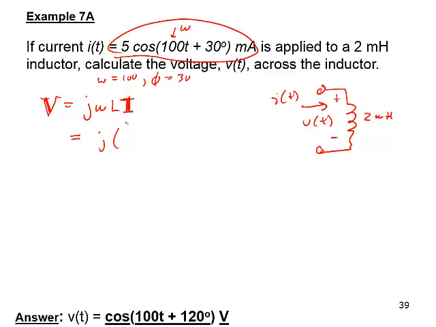So it's going to be j times 100 times 0.002 times I. And I is just a phasor with a magnitude of 5 and an angle of 30 degrees.